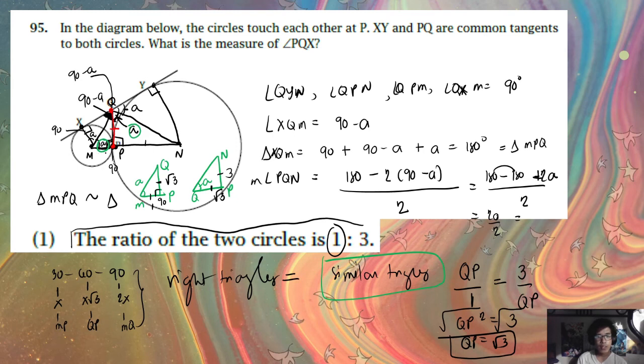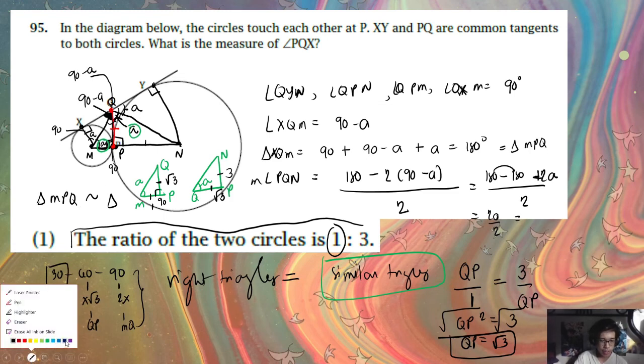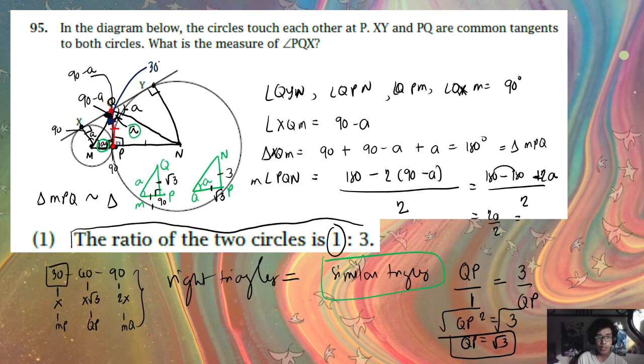Now, if this is a right triangle, and this is the smallest side, that is MP, then opposite to that one should be 30 degrees. So what's the measurement of this angle? I'm going to color it in dark blue so you can see it. It should be 30 degrees.